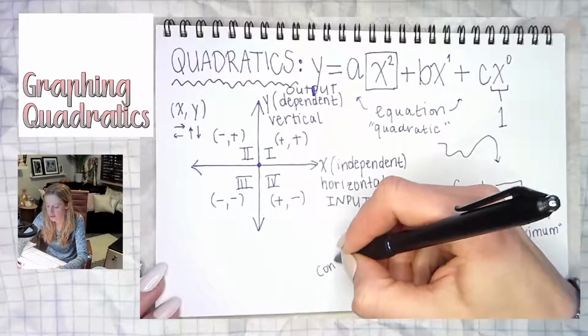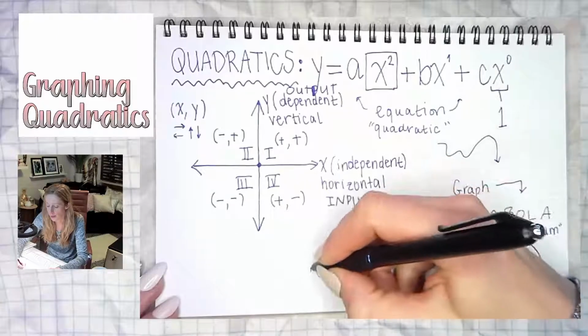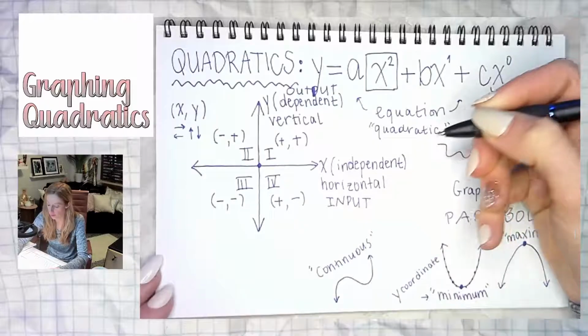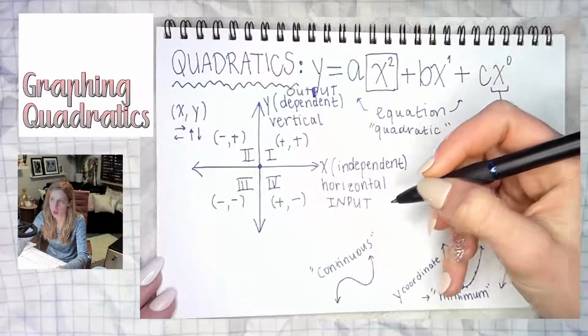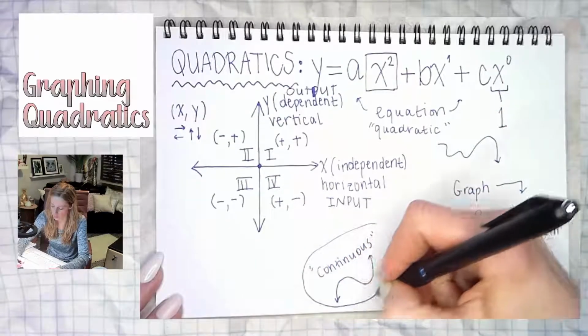Another vocab for us. Continuous means that you can draw it without picking up your pen or pencil. So something like a polynomial, which we graphed already in the previous unit, is continuous. That's an example of continuous.